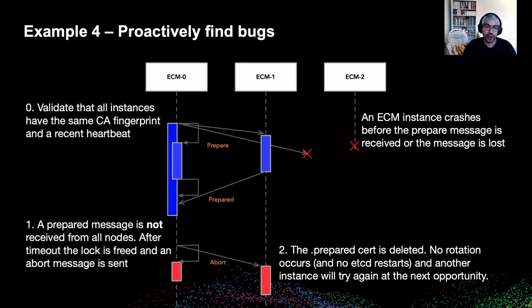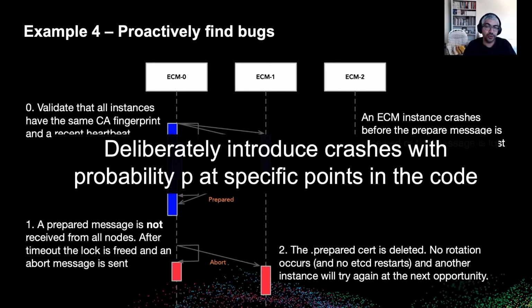So what we did was, when we wrote the code, inside the code itself, we introduced chaos points, and those were points at which either a packet would be considered lost or the etcd cert manager instance would actually crash, panic, or go away. The whole idea was we deliberately introduced crashes with a probability p at specific points in the code. We called those chaos engineering points, and there were something like, I believe, 15 or so points in which different bad things happened while we were introducing it.